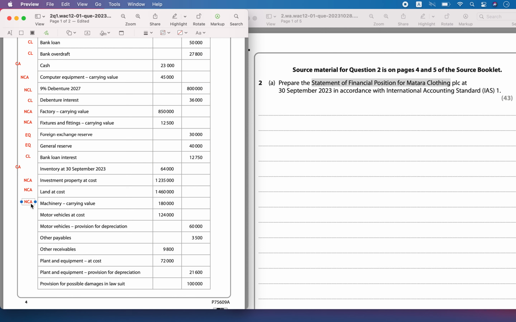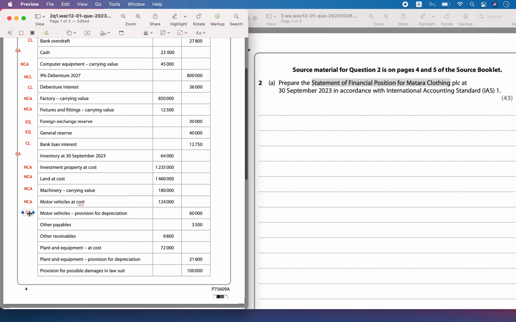Then motor vehicles at cost, it's a non-current asset. And there is depreciation for this because it's at cost, not at the carrying value, so you will have to calculate it. Then other payables. Other payables become your current liability, which you have to settle within this year.